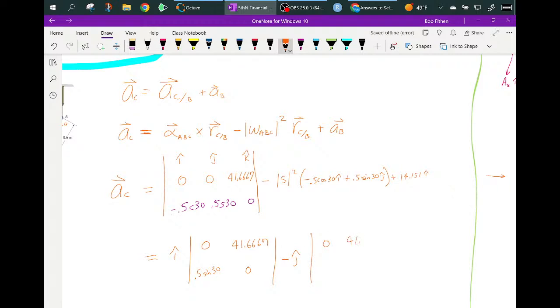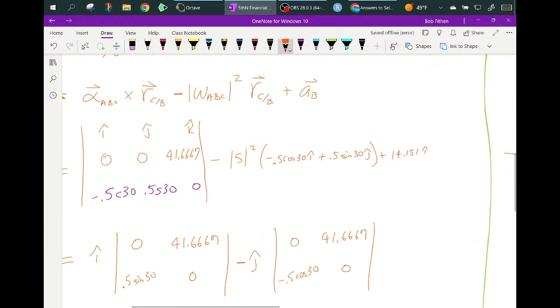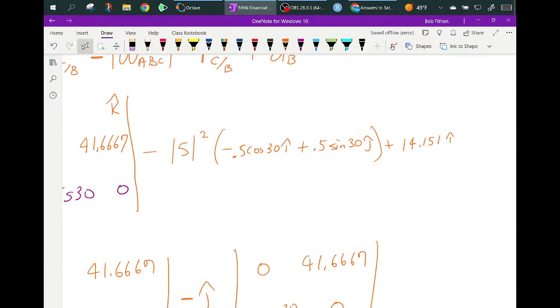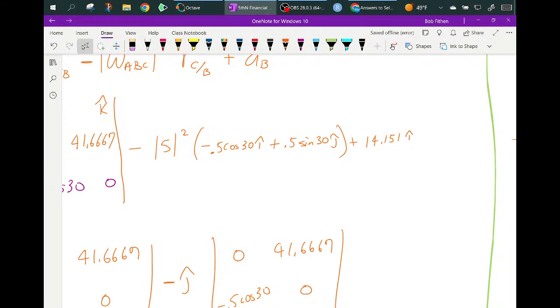Okay, 41.6667 minus 0.5 cosine 30. And I think it's time to start figuring out these numerically. So let's start here. I'm going to go ahead and figure out this value and add it to that.